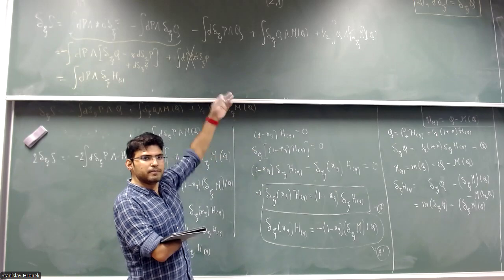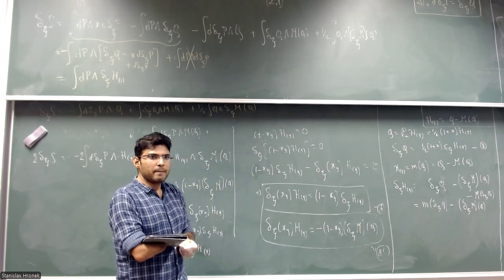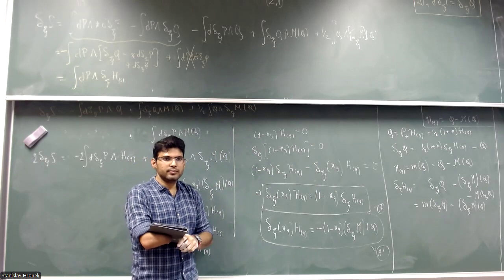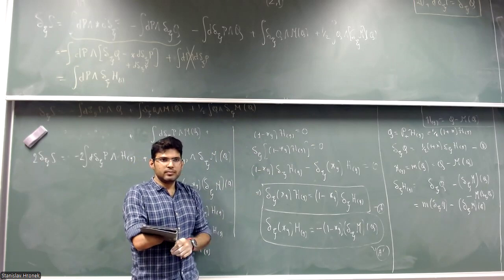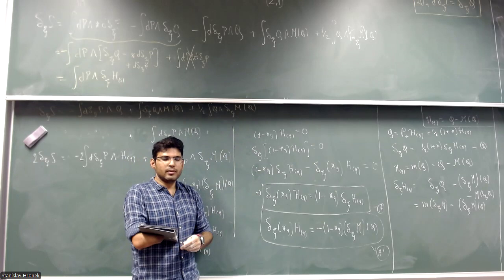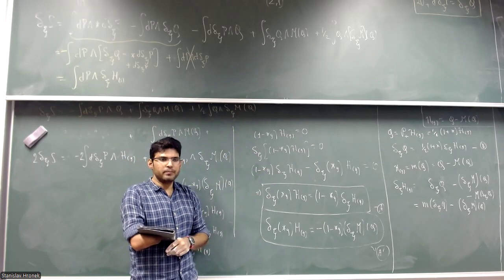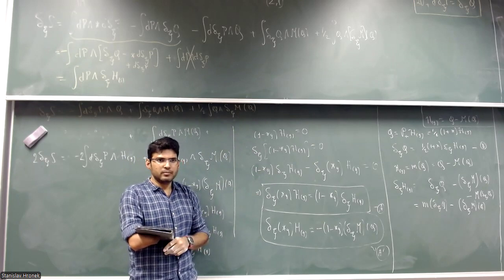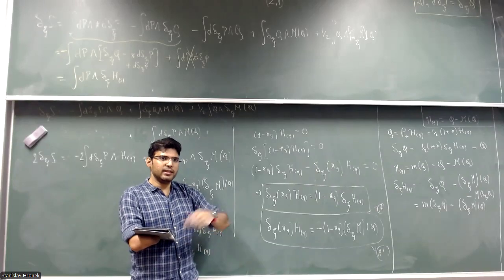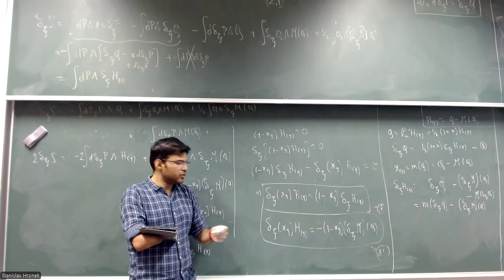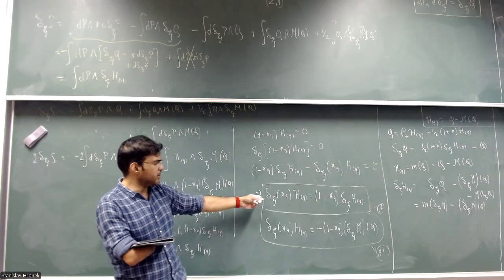Okay, so you're saying there's a difference between taking the variation of H and saying it is self-dual, and taking the dual and then taking the variation. Yeah, this is precisely the statement.